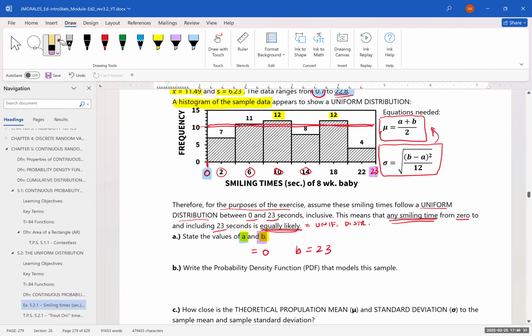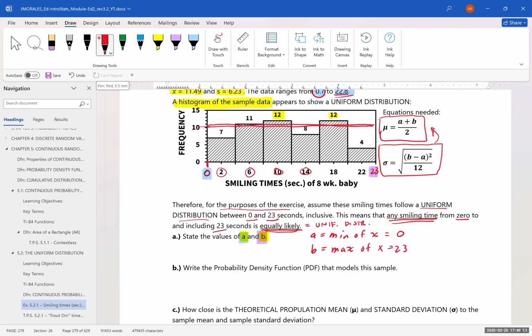Let me write this a little more formally here. A is the minimum of X, which was 0, and B is the maximum of X, which was 23.